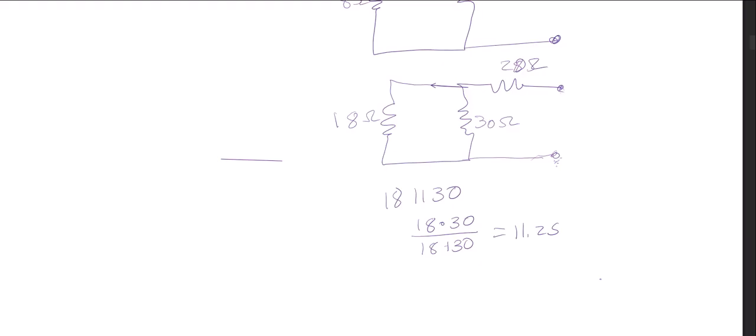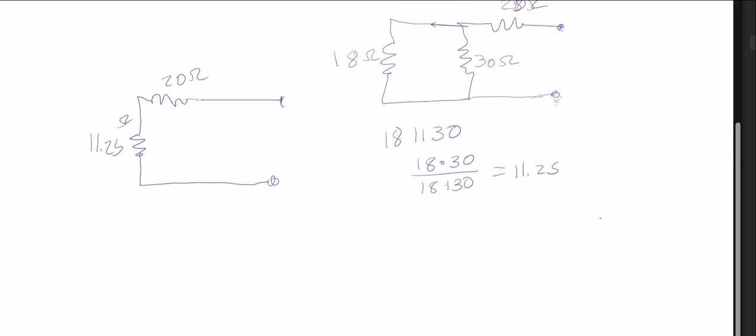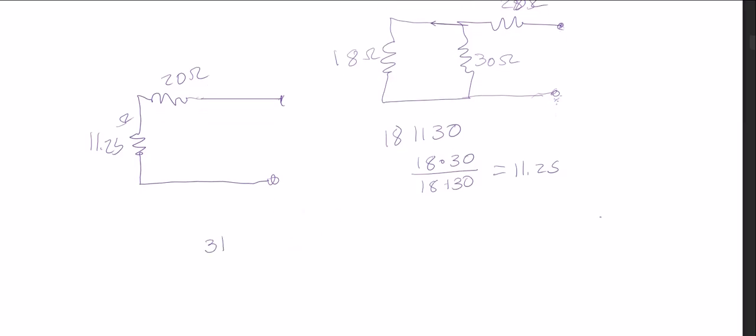So now I have 11.25 and 20 ohms, and now I can add these together and I get 31.25 ohms is our Thevenin.